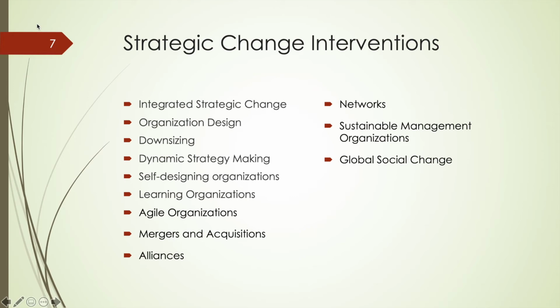Dynamic strategy making. Today, change is the only constant in business. So companies today have to be resilient. They have to be, as you see here, learning from the environment, taking from the environment as they give back to the environment. They need to be free of excess, so they have to be agile.